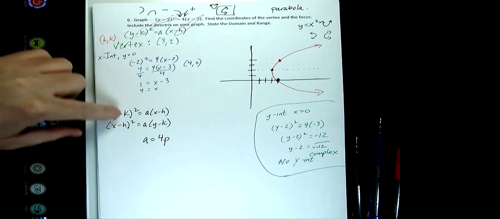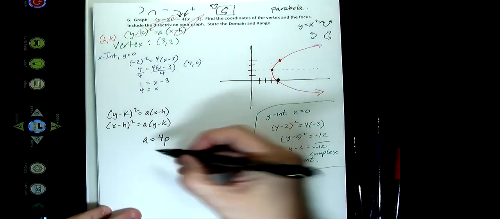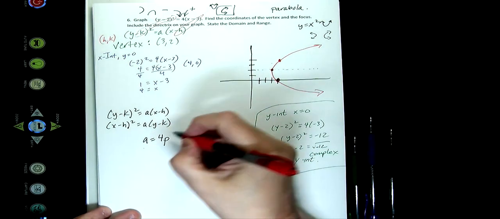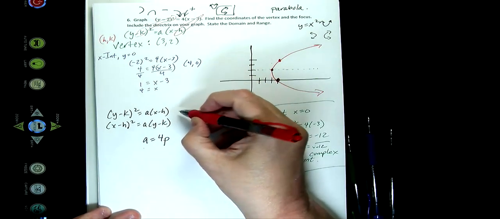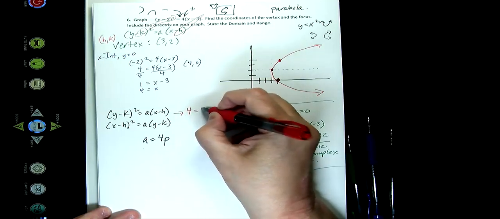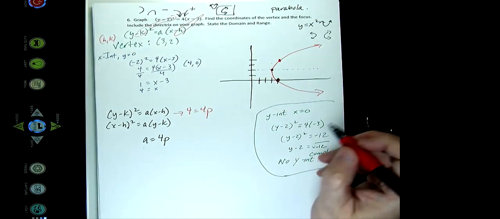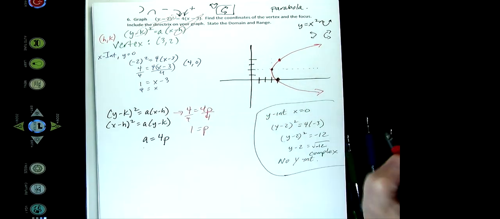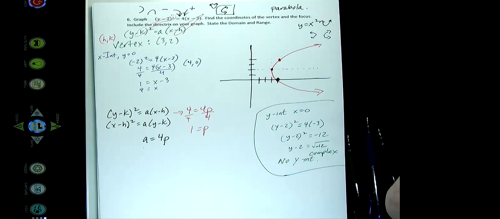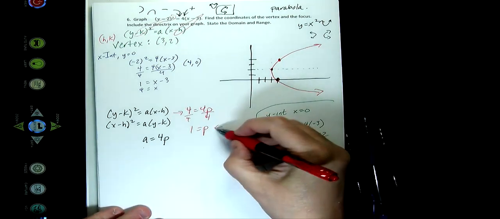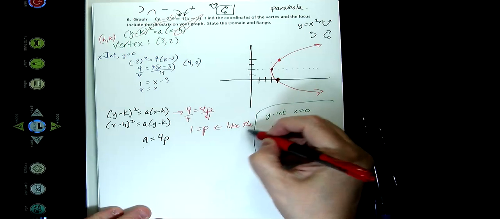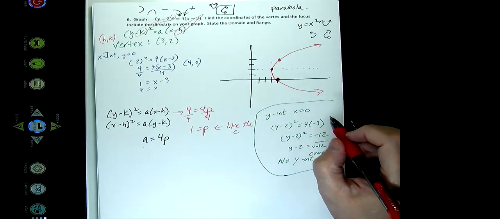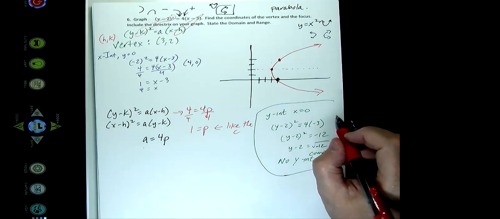In this case, my a is 4, so I have 4 equals 4p, which means divide by 4, I get p equals 1. P for the parabola is like the c in the other two, the hyperbolas and the ellipses. It's the distance from the vertex, the center.